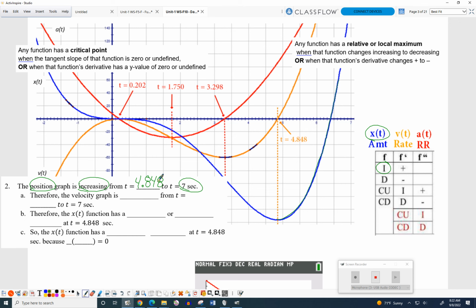Therefore, the velocity graph, change color, must be positive for that same time span.